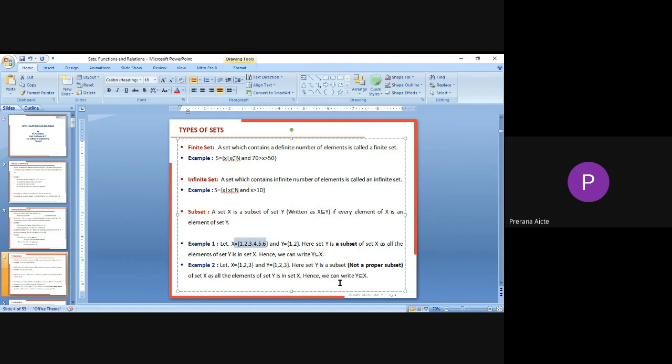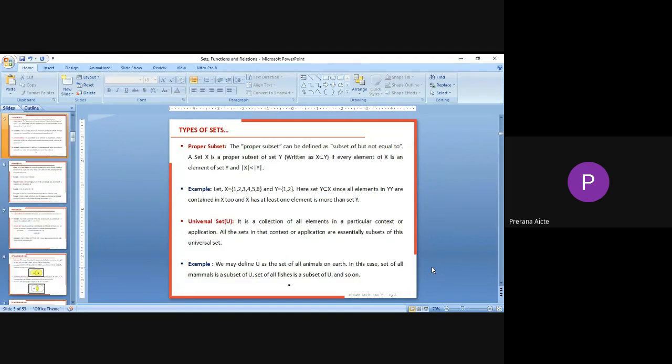But in the second example, we cannot say that it is a proper subset. Why? Because both the sets have the same number of elements. Proper subset can be defined as a subset but not equal to the given set.